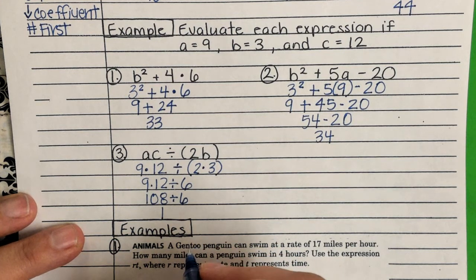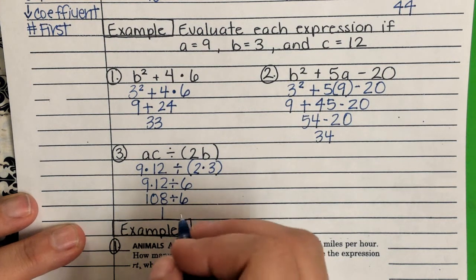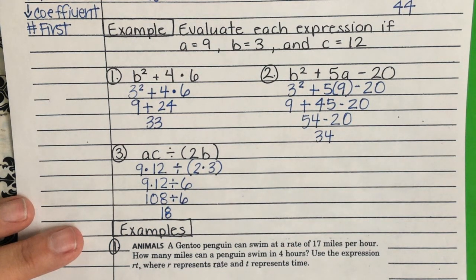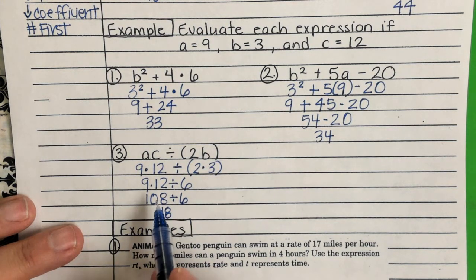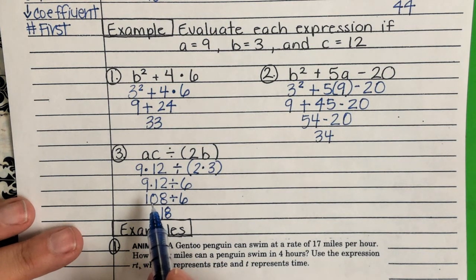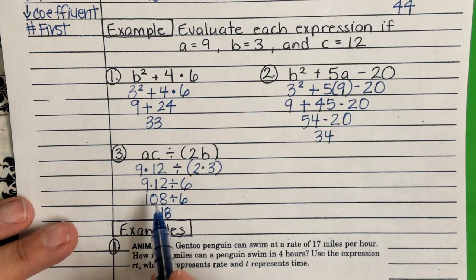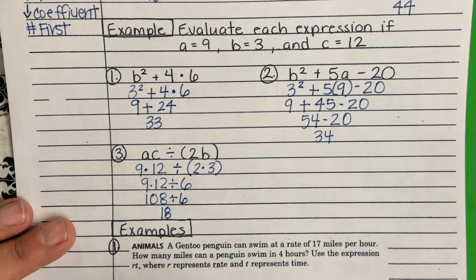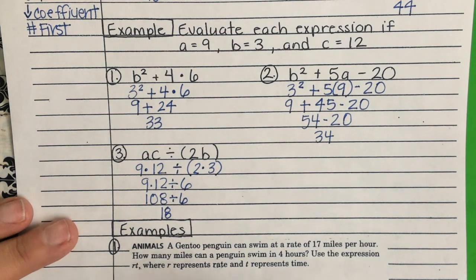So 6 going into 48 is 8 times. This is how I would divide. 6 goes into 10 one time, I have 4 left over. That 4 goes with the 8, and that would go 8 times. So it would be 18.